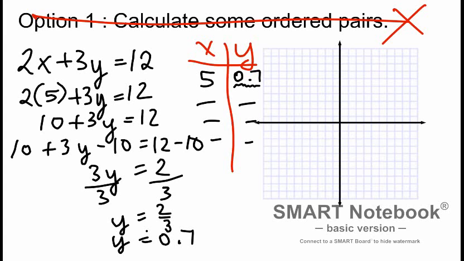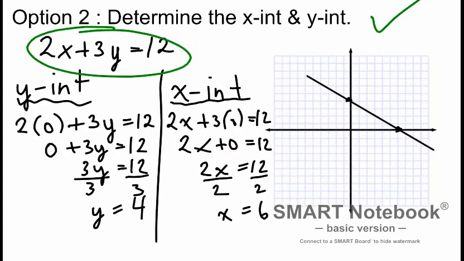Although it works, there's a better way. Here's a better way. Determine the x-intercept and y-intercept. So we're specifically targeting 2 dots on this grid that we can easily figure out. And once we place those 2 dots on the grid, we can make our line. This was a very good option.